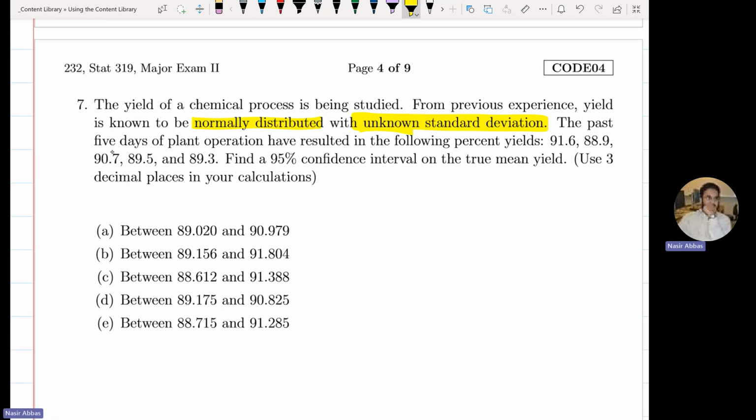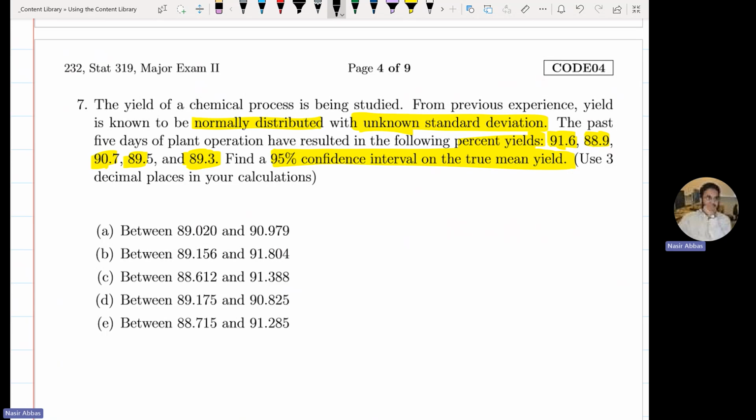The past 5 days of plant operation has resulted in the following values of yield. Now, here they give you the sample. And they ask you to compute a 95% confidence interval on mu. Use 3 decimal points in your calculation.